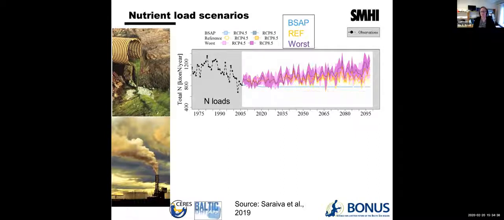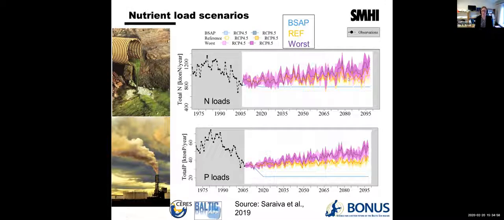It's decreasing a little bit more, but we are already almost at the Baltic Sea Action Plan level, and then we keep it at that maximum allowed nitrogen load. But for the worst case and reference nutrient scenarios, we can see that it's increasing a little bit.